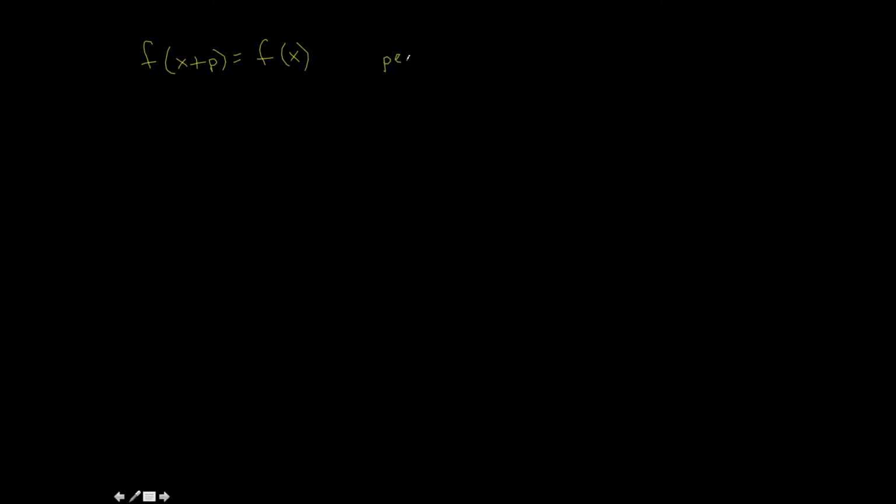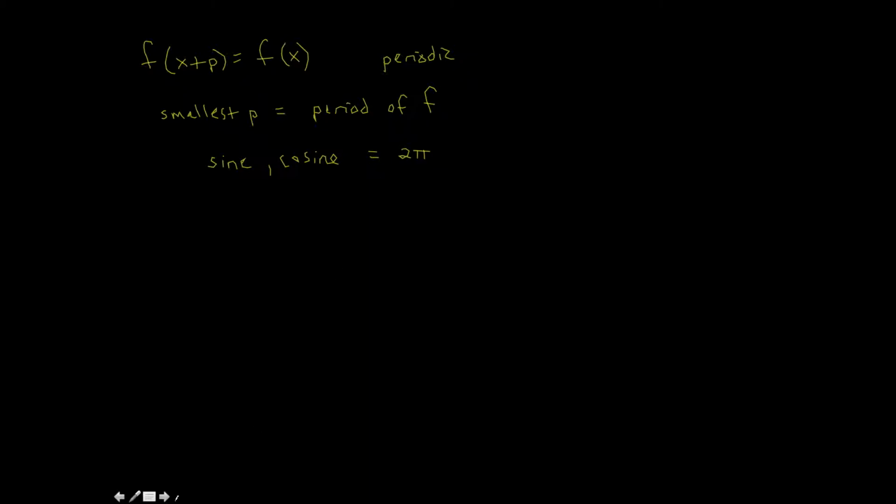The smallest such p that exists in this situation is called the period of f. For instance, sine and cosine have the same period. The smallest such period for sine and cosine is 2 pi. We'll study more of this in detail next chapter.